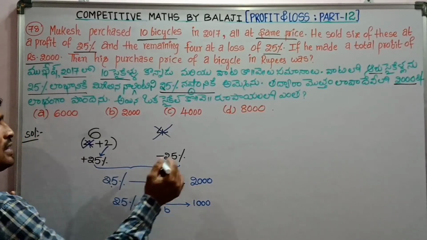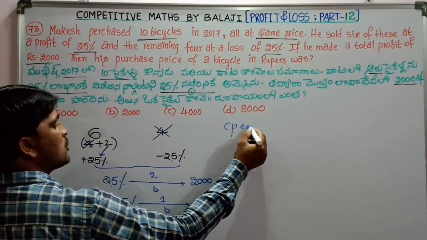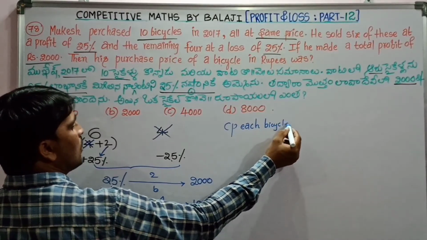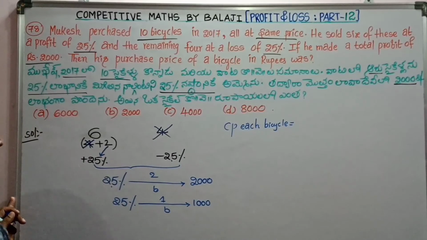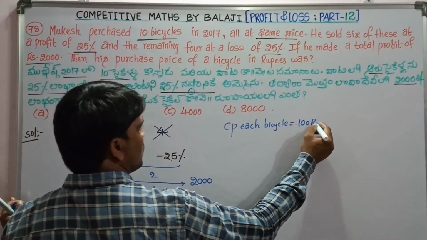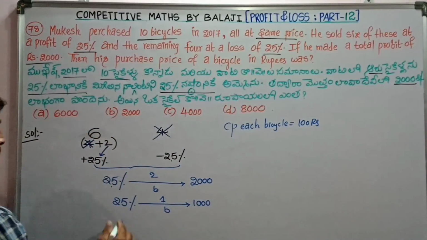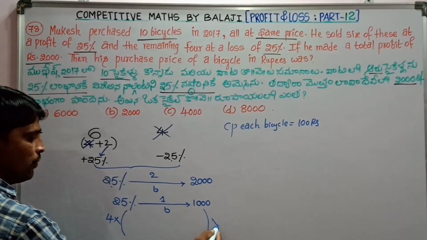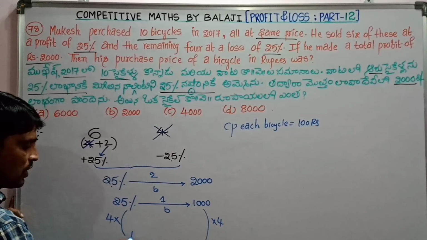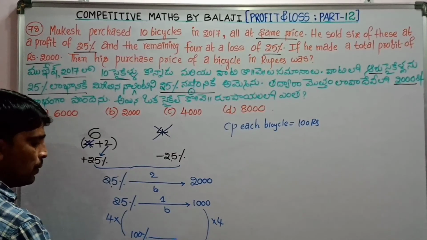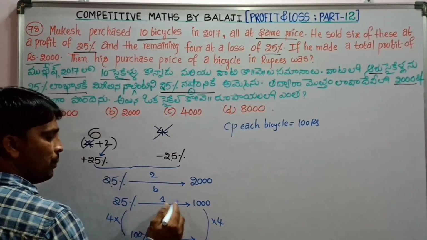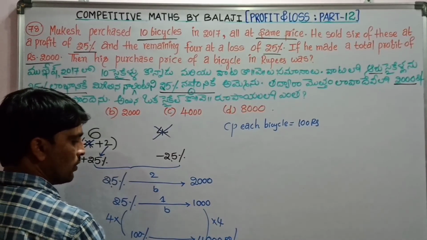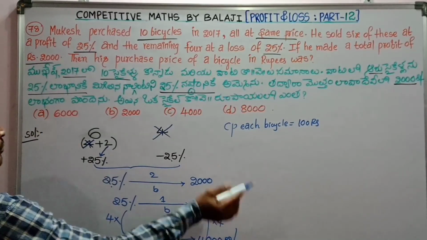Now the cost price of each bicycle, or 1 bicycle, is 100%. Okay, now to get 100%, multiply both sides by 4. Yes, 25 fours are 100%. 100% value of 1 bicycle is 4 into 1000, 4000. Yes, so the answer is 4000.